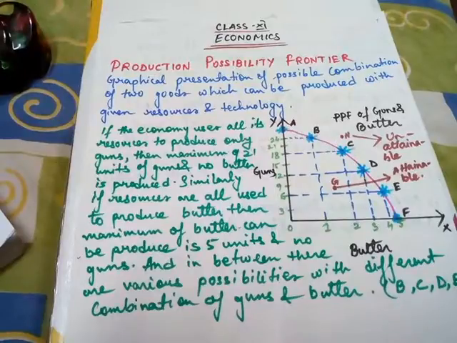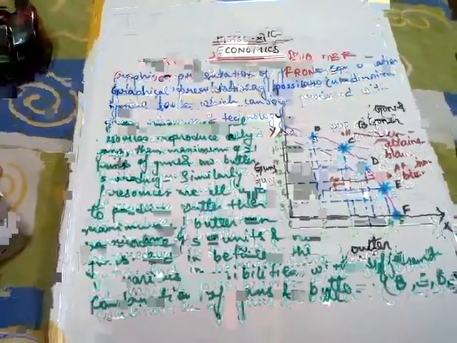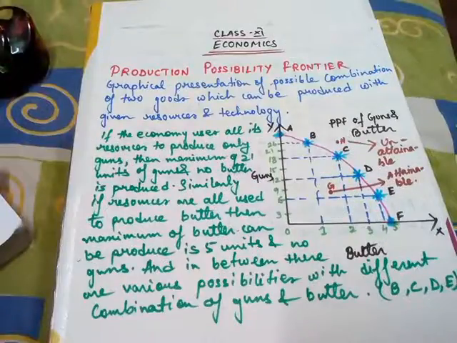So before drawing the PPF or production possibility frontier, you have to read the assumptions. So here are the assumptions in the book. It will get clear. Now see what is the first assumption.